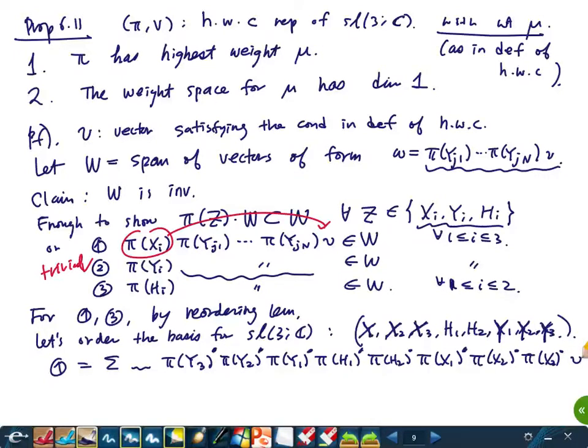Okay? Everything will be of this form, or 1 or 2, or 1, 2, 3 all together. They all can be written in this way by the reordering lemma.